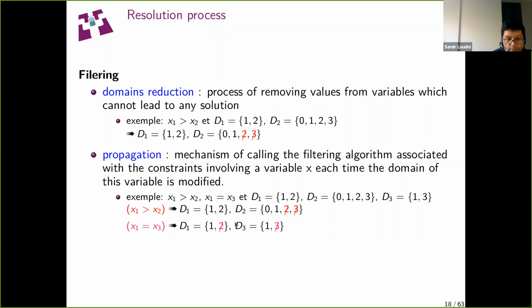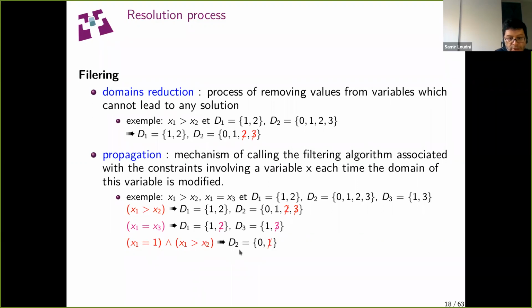Now, as the domain of the variable x1 has been changed, we need to propagate this modification on the first constraint, x1 greater than x2. This propagation will remove value 1 from the domain of x2. So here we have a complete filtering, which means that we cannot remove any other value from the domains of x1, x2, and x3.